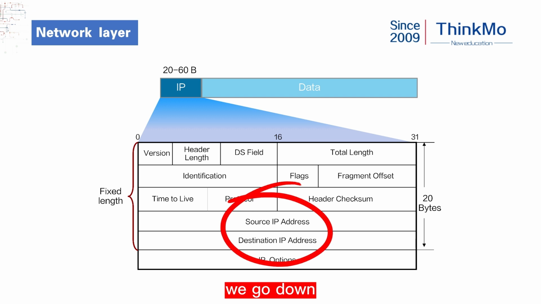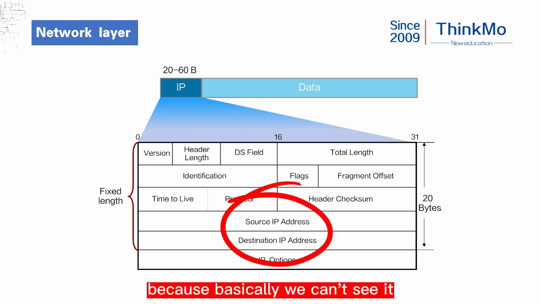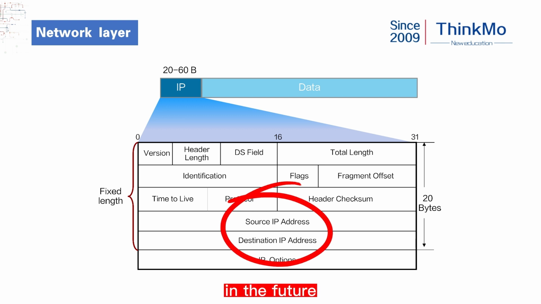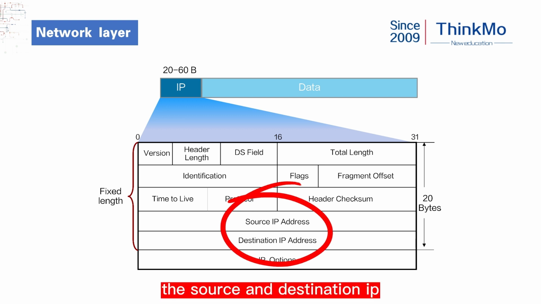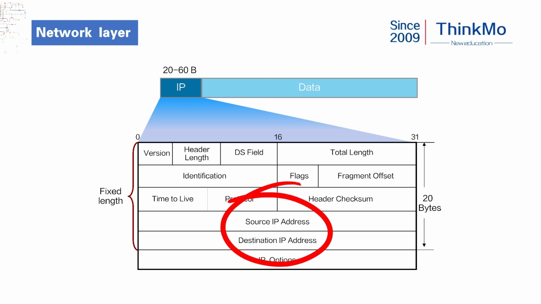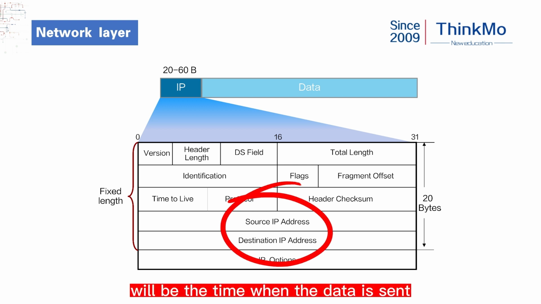We go down. Not to mention the options field, because basically we can't see it. It's not useful, including in the learning IE stage; we rarely use this option. In the future, the source and destination IP will be my IP and the peer IP when the data is sent.